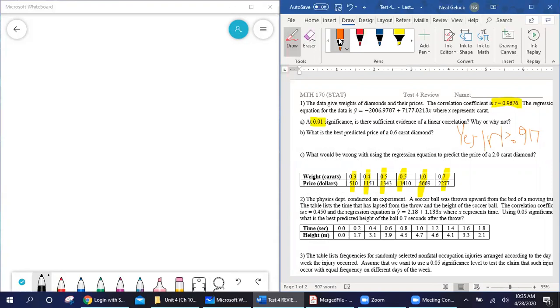So since it is sufficiently linear, the best predicted price of a 0.6 carat diamond, I can use the equation of the line and plug that in. So I would just be popping in that 0.6 into the formula.